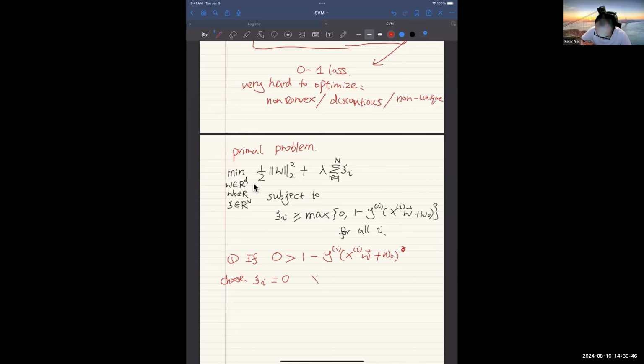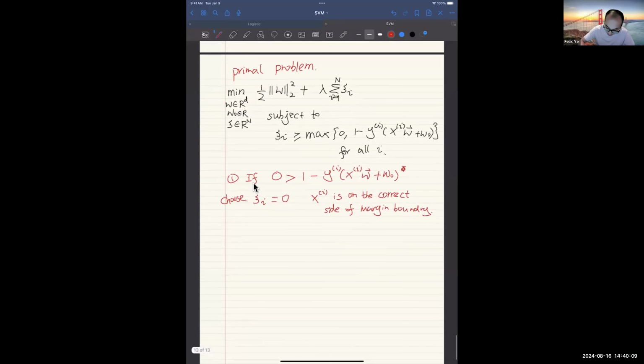That means my x_i is on the correct side of the margin boundaries. So that also indicates the whole condition is fully satisfied.